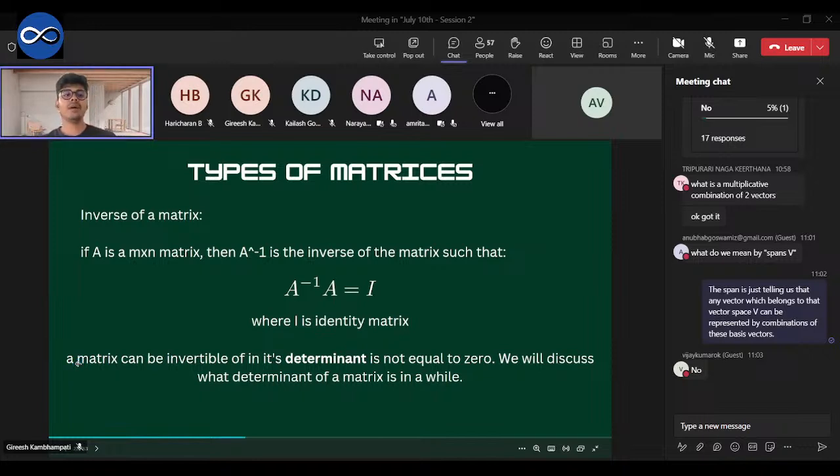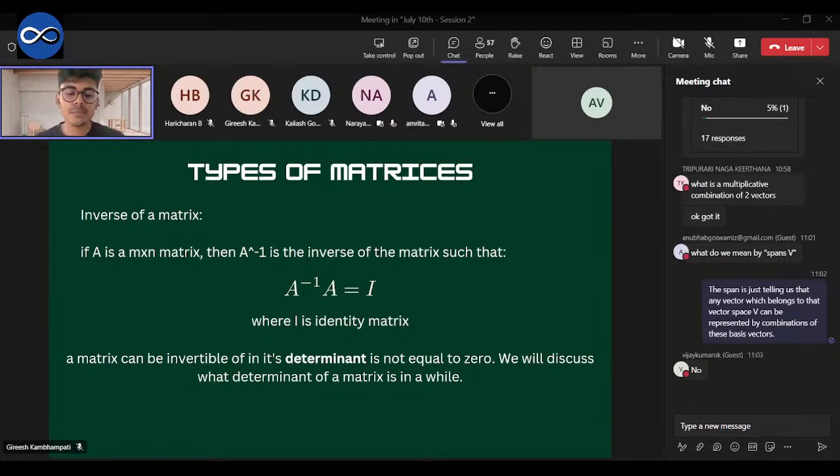Another one, it really doesn't come under types of matrices, but the inverse of a matrix is actually a property of a matrix itself. So if you have a real number, let's say 2, what is the inverse of 2? The inverse of 2 is 1 by 2, right? So it's 0.5.